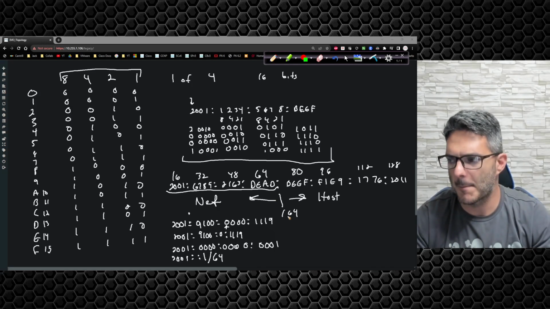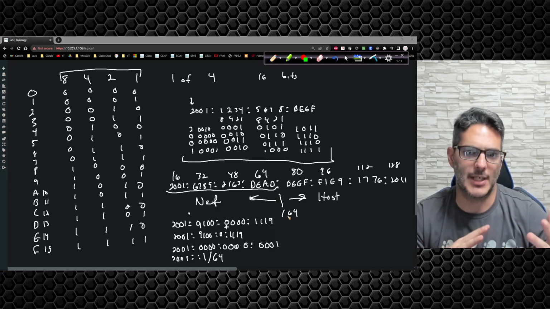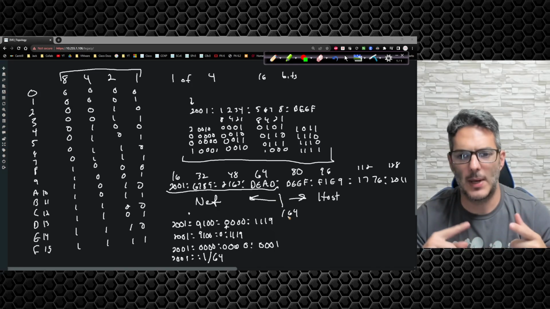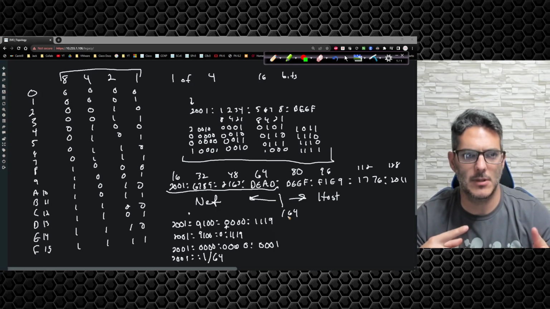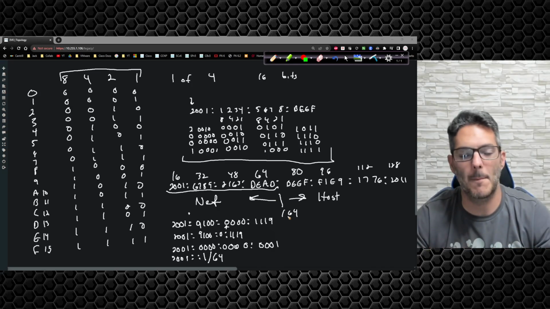Now, the way that v6 works in terms of address allocation, there are a few different ways. There is an auto addressing capability that's known as stateless auto address configuration, or SLAAC for short.